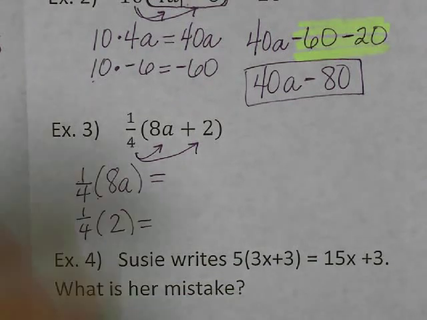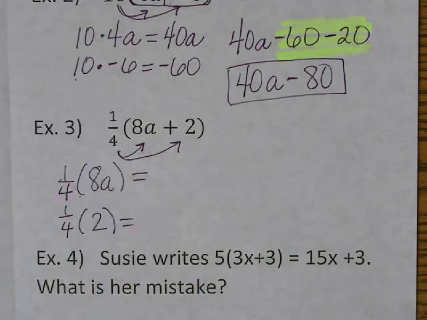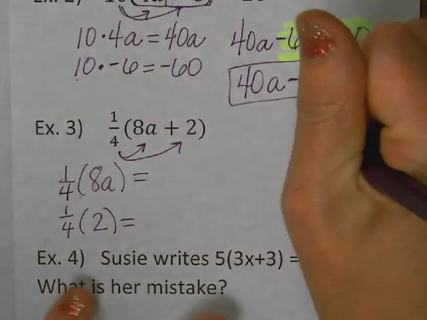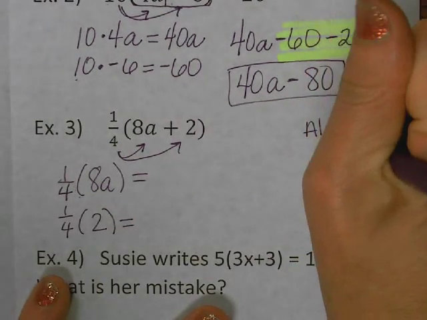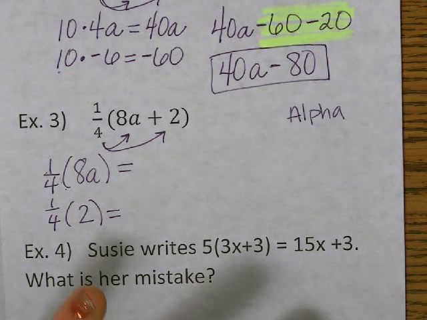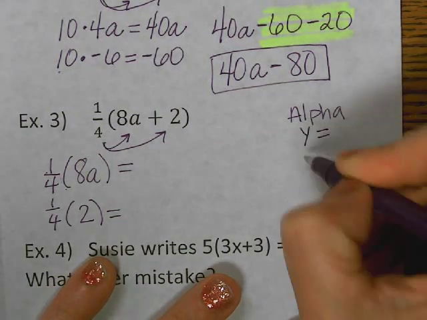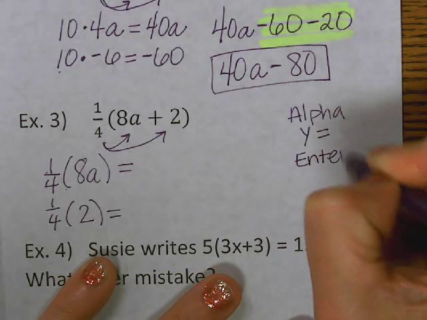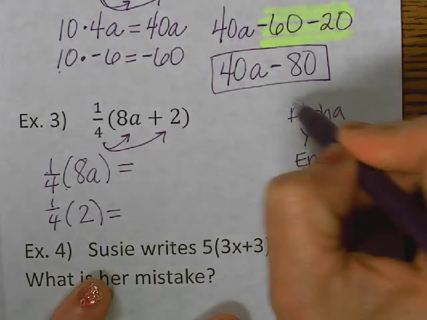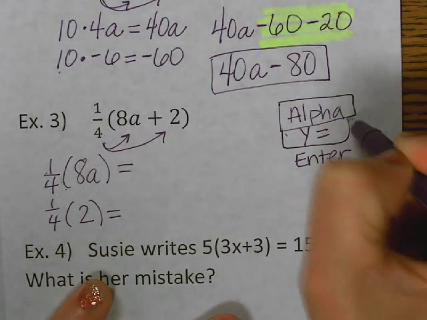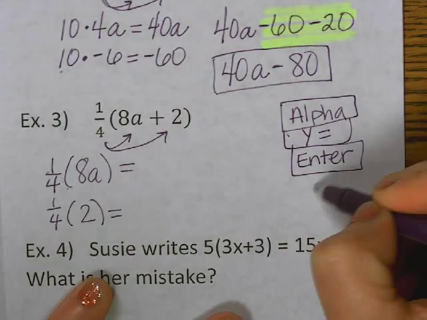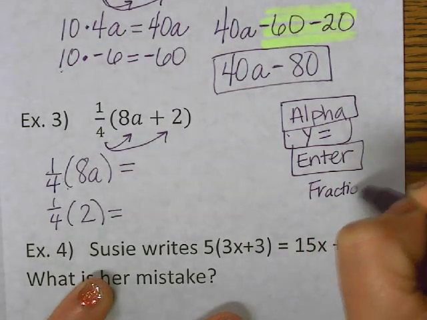Now, what's really cool is if we have one with a fraction, our calculator will do a fraction for us. If you push these buttons, alpha, and then y equals, and then enter, that's what you do to get fractions. So we're going to push the alpha button, then the y equals button, then the enter button, and that will do fractions for us.